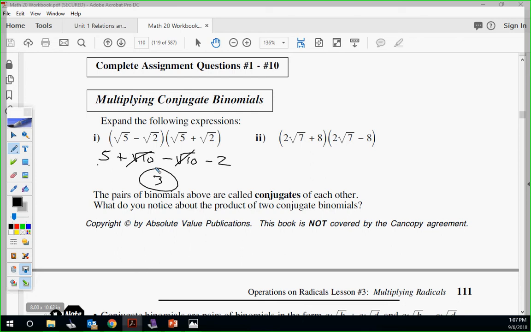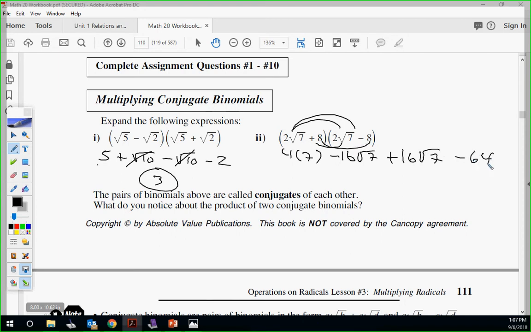It is 5 minus 2, right? 3. No, a negative times a positive is a minus. So there's not a minus there already. Okay, this one, 4 times 7, negative 16 root 7, positive 16 root 7, which we expect, and then negative 64.